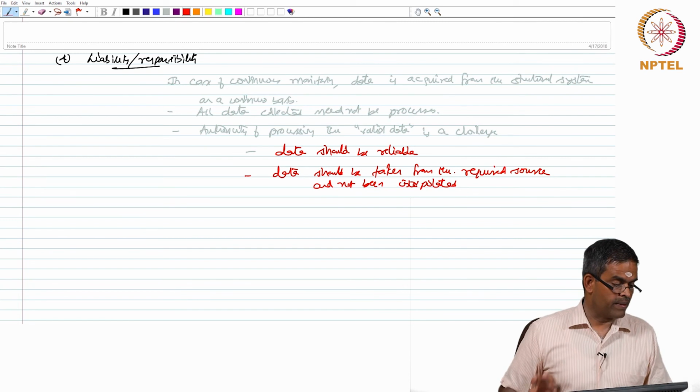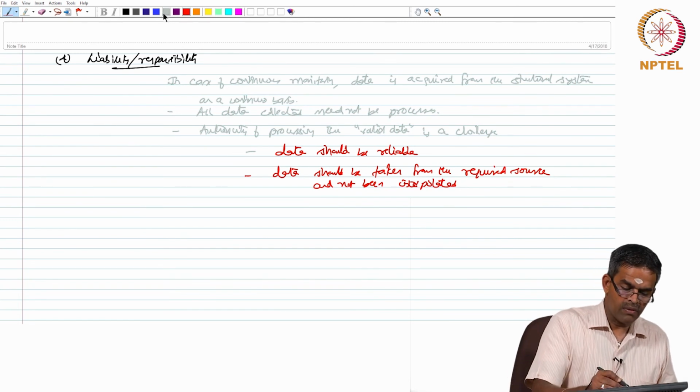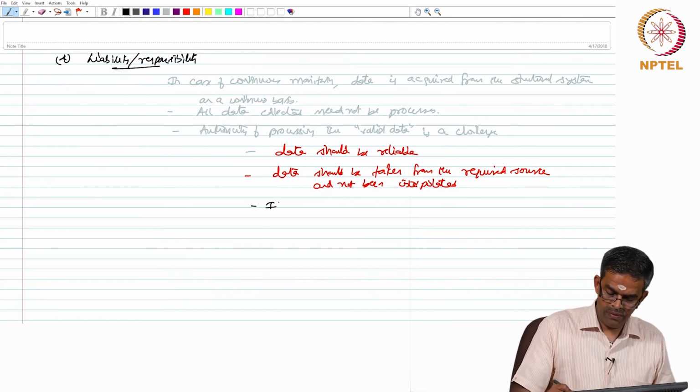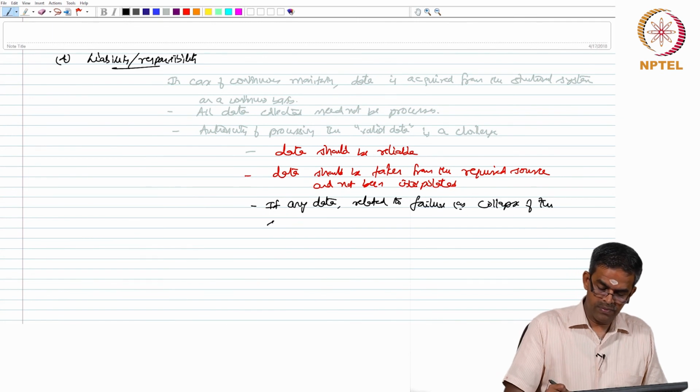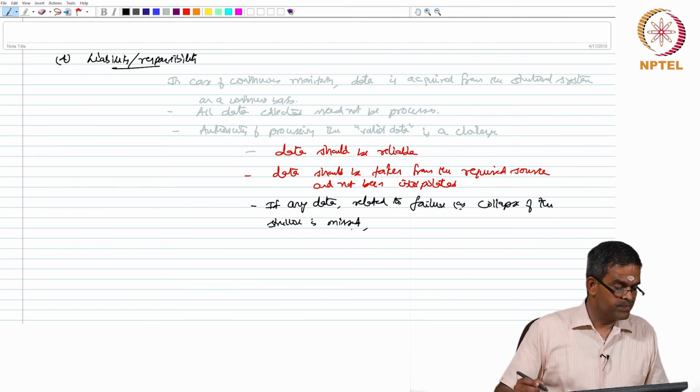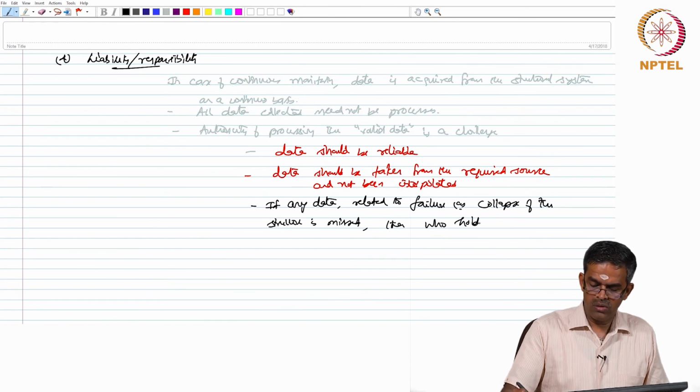It is a direct field data. For example, if any data related to failure or collapse of the structure is missed by any chance, then who holds the responsibility?